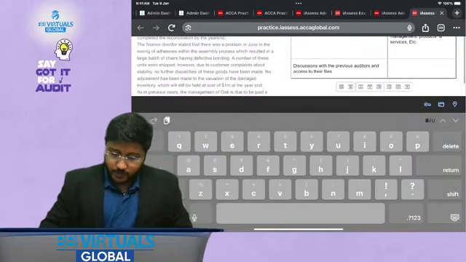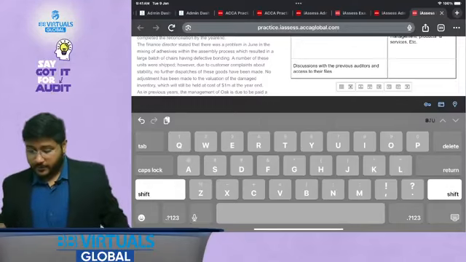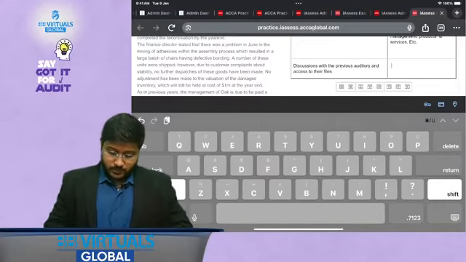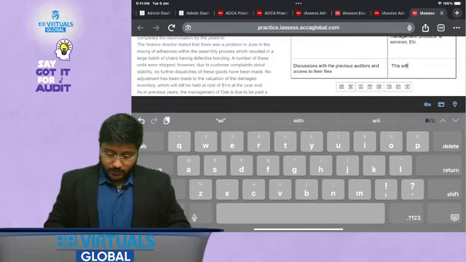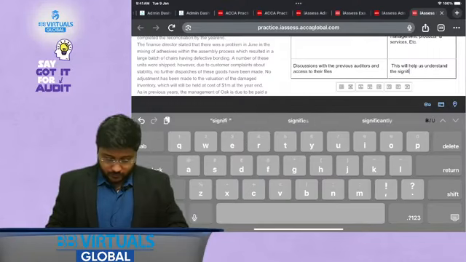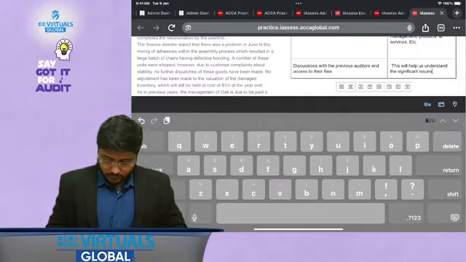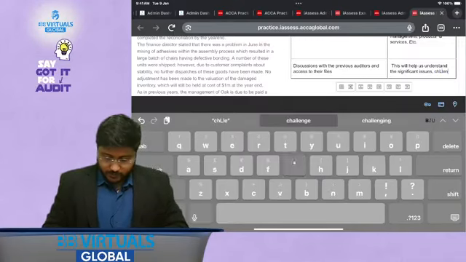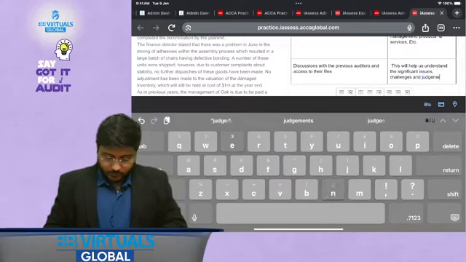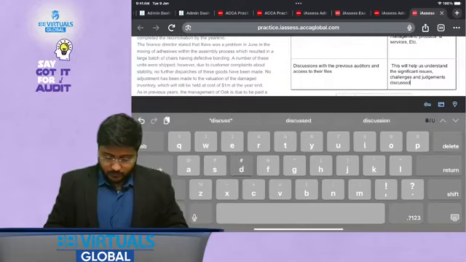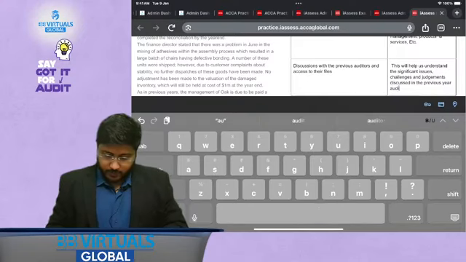Now discussion with the previous auditor and access to their previous files. This will help us understand the significant issues, challenges and judgments discussed in the previous year audit.